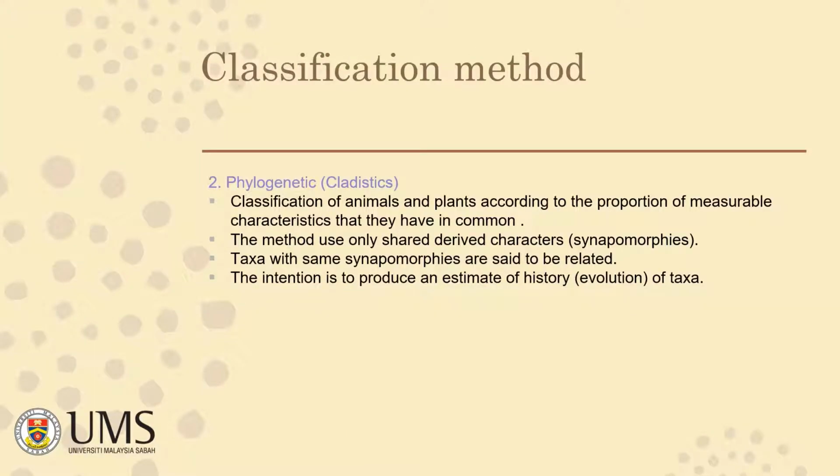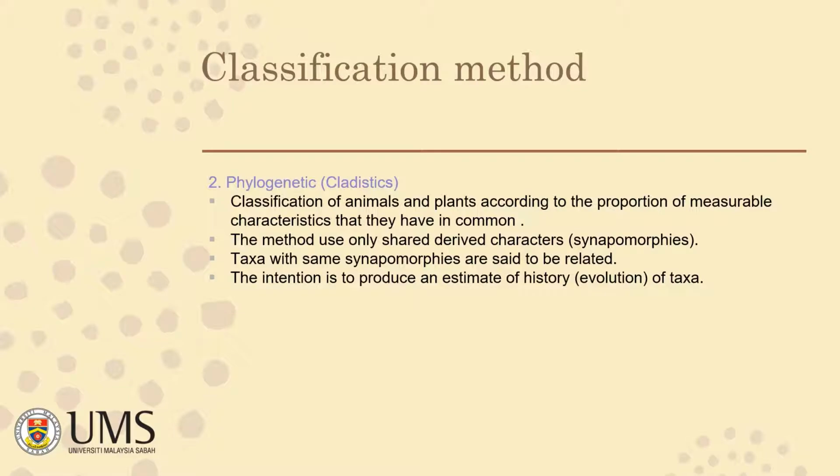Phylogenetics classification method: classification of animals or plants or any species of organism according to the proportion of measurable characteristics that they have in common. Usually, the method uses only synapomorphies, or only shared derived characters.